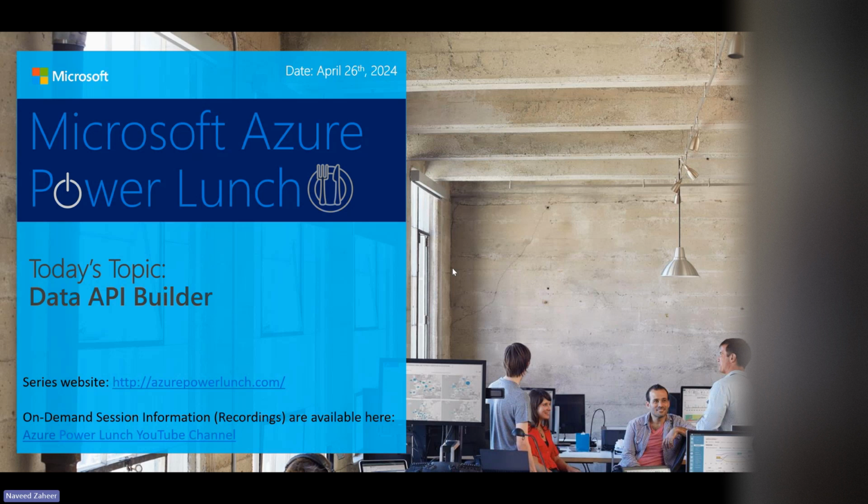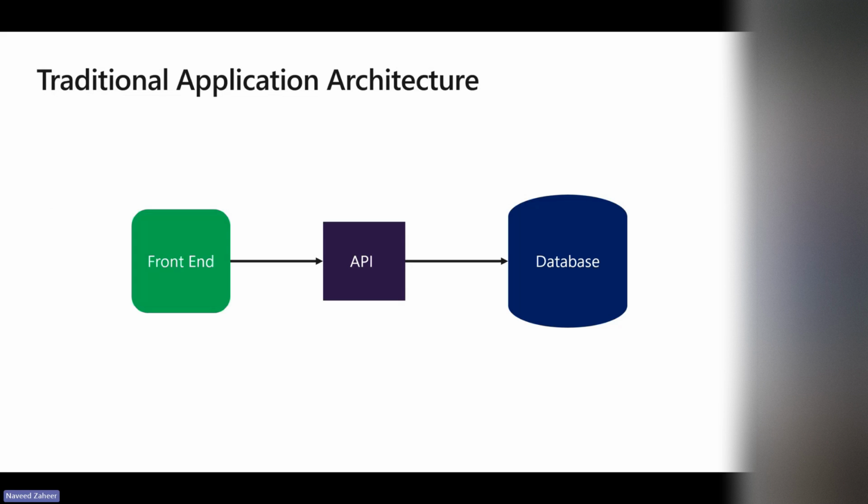So with that, here is our topic of discussion. It is Data API Builder. Before we get into what this service is, let's talk a few minutes about why we need it and what the use case is. Normally in a traditional application, you have your database backend.